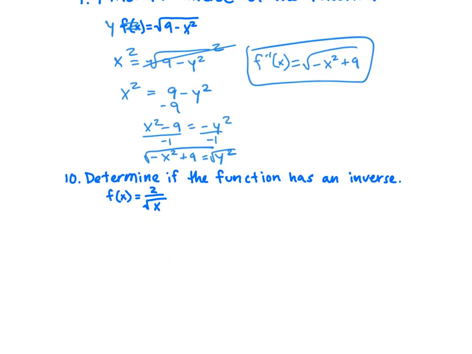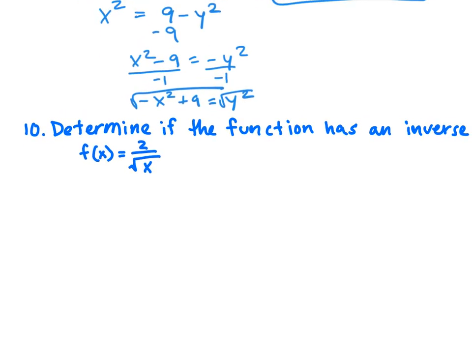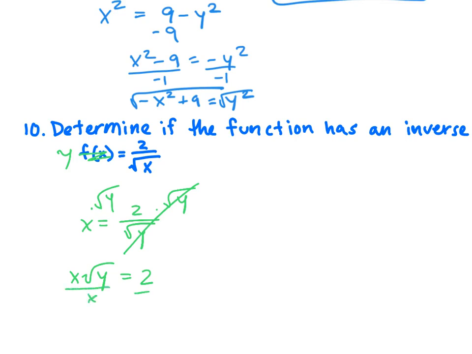Number 10. Determine if the function has an inverse. So to find if a function has an inverse, we just have to find the inverse. So we would change this, put a y, change our x and y, so we have x is equal to 2 over y squared, the square root of y. I'm going to multiply the square root of y on both sides, so it cancels out on the right, so we get it out of the denominator. So we have x times the square root of y is equal to 2. To get our y all by itself, we need to move the x over, so I'm going to divide it on both sides.